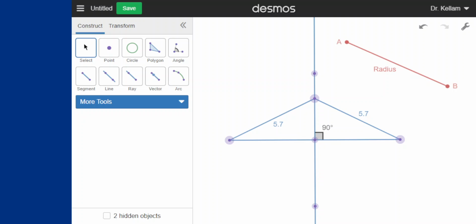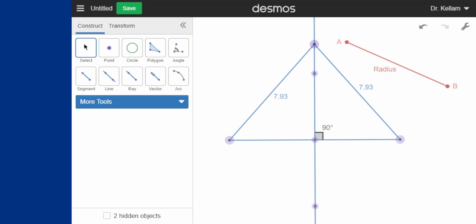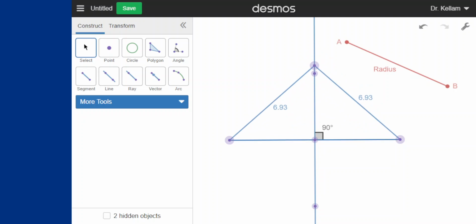So, one of the big theorems that we come across in this unit is this perpendicular bisector theorem. And it says if we have a perpendicular bisector, then any point we put on this line, on the bisector itself, is going to be equidistant from the endpoints of the segment that we're working with. The reverse is true as well.